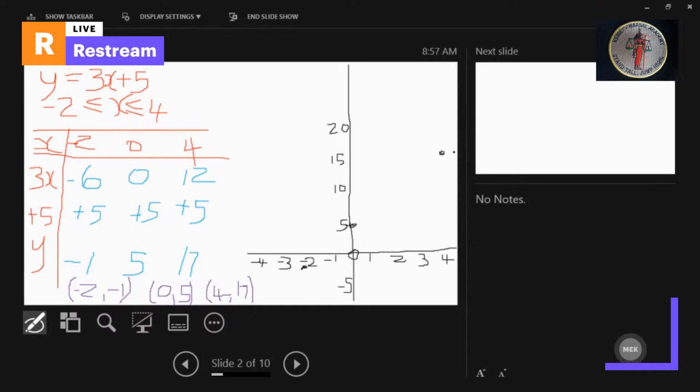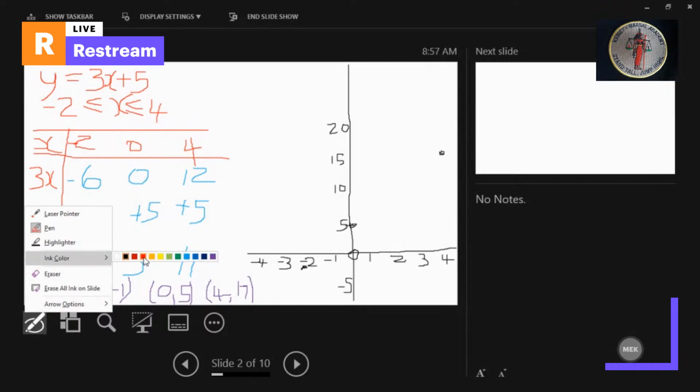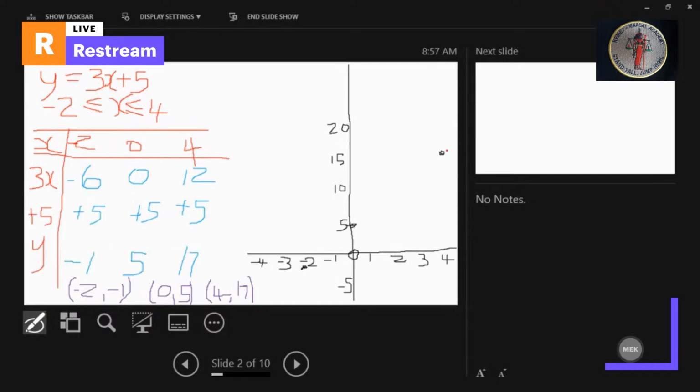Since I don't have a ruler here, I'm doing it freehand. So I'm going to try my best to make it straight. All right, that's the best I can do. So you would take your ruler and connect those 3 points and you would get a straight line.